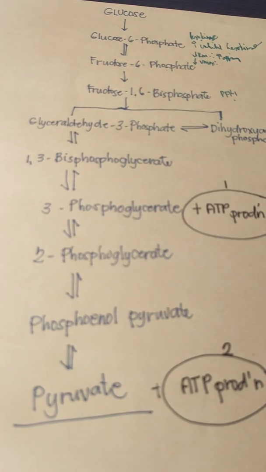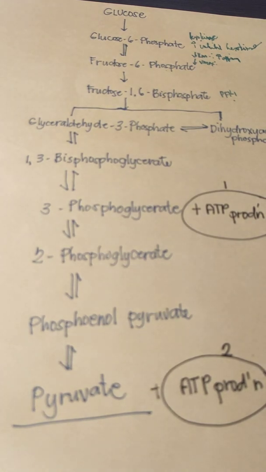Now, glycolysis can also produce F2,6-bisphosphate, fructose 2,6-bisphosphate. This is just an additional note: its presence is a potent activator.